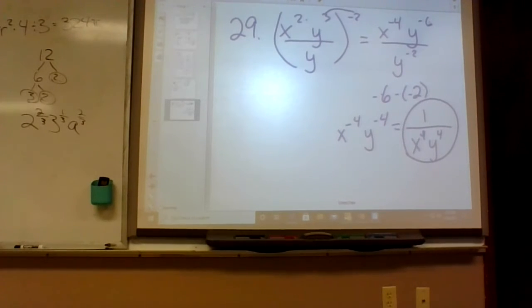And then the j's is 1 minus 2, so it'll be j1 on the bottom. So j1 k3.